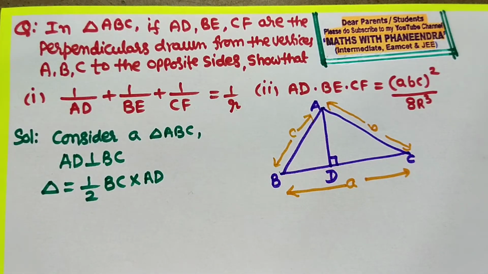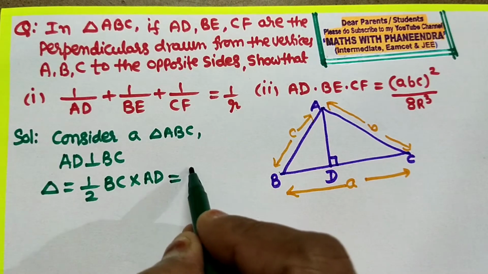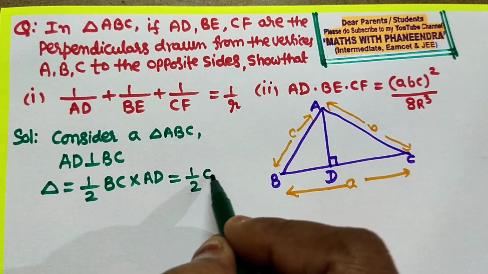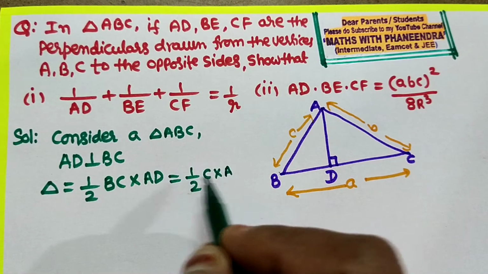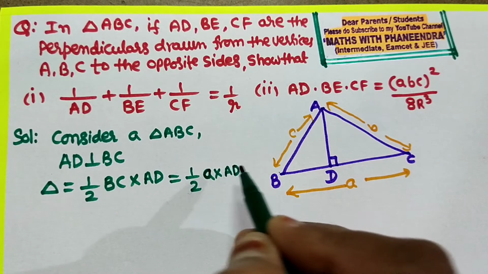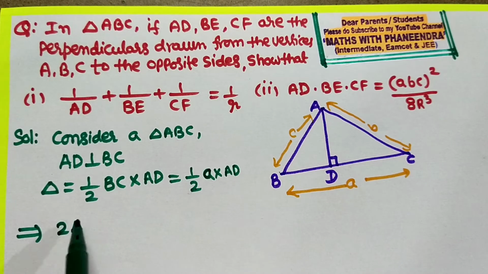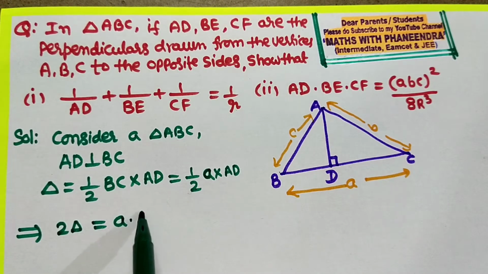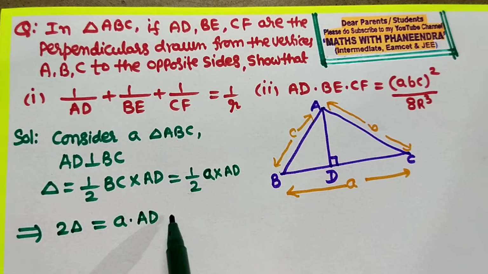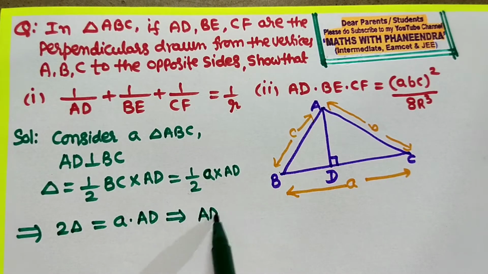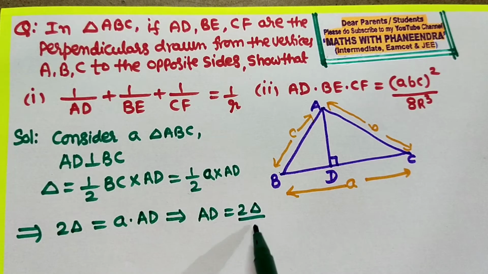So that is equal to half into BC, that means small a into AD. From that, 2 into delta equals a into AD. From that we want AD only, no? So AD can be written as AD equals 2 delta by small a.